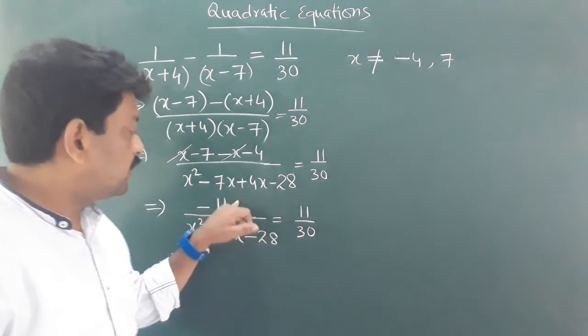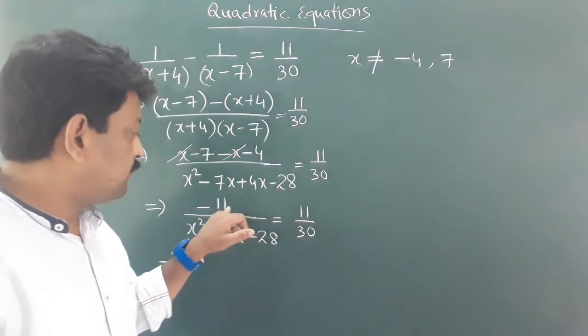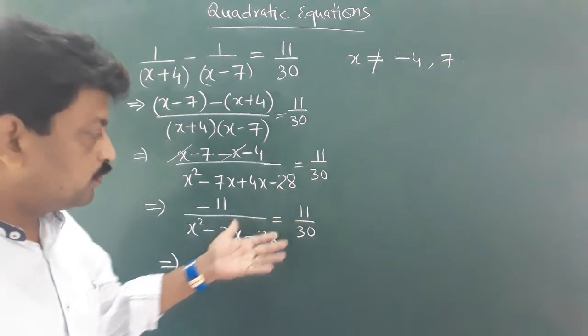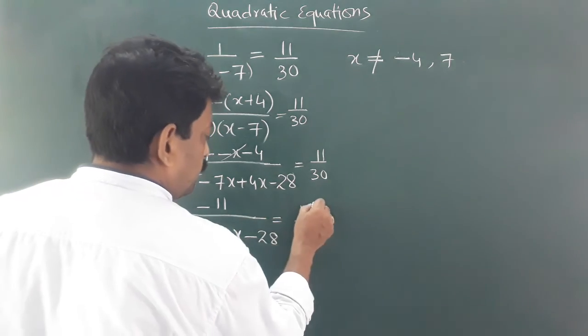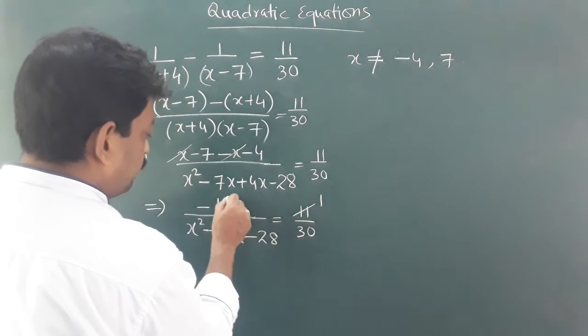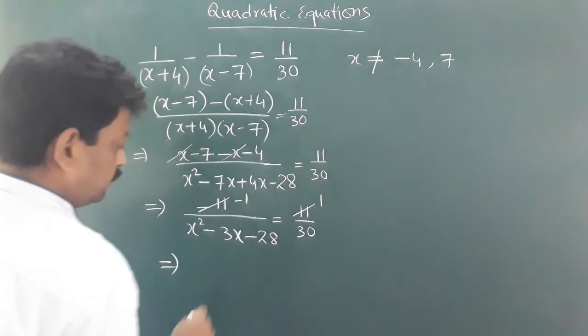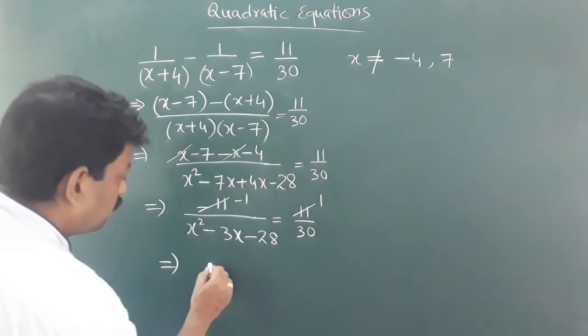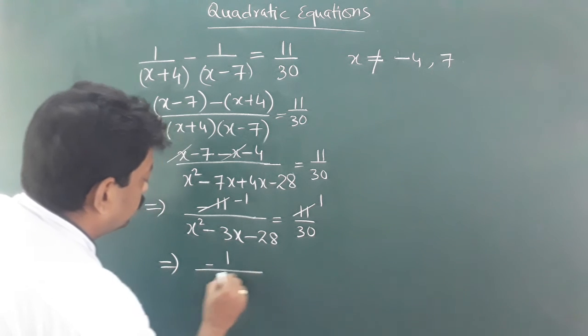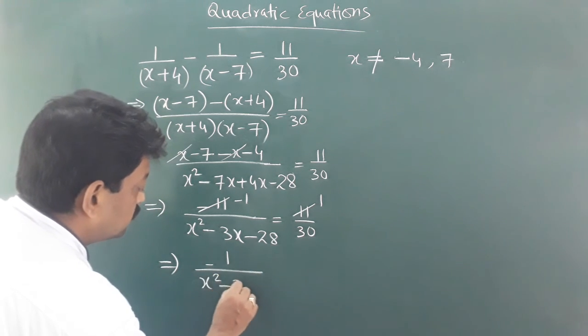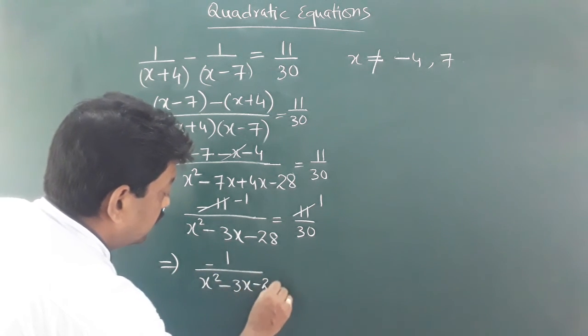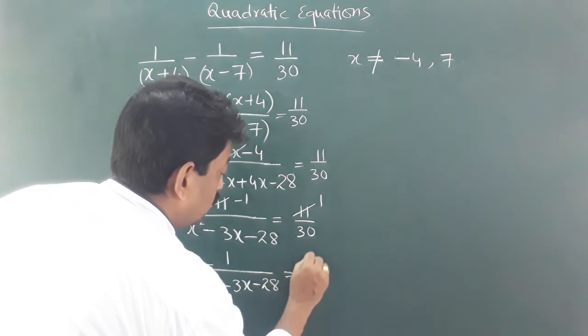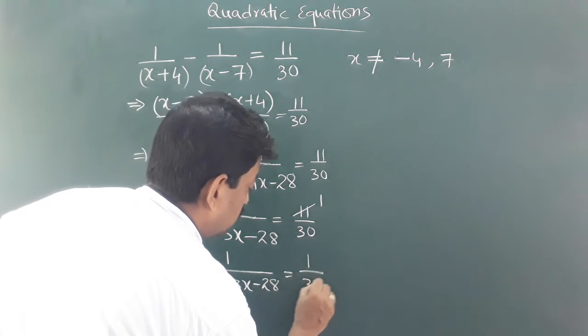Now both numerators are 11, this is minus 11, this is plus 11. So we can cancel them by 11. By 11 it will give 1 and by 11 it will give minus 1. So what we are getting here? Minus 1 upon x square minus 3x minus 28 equals 1 upon 30.